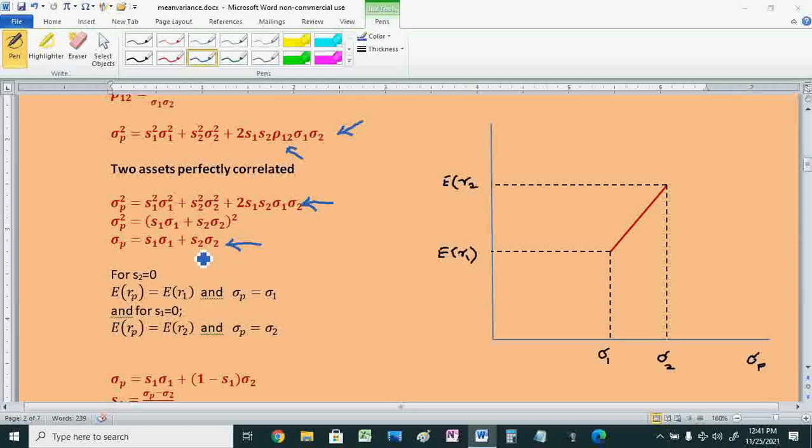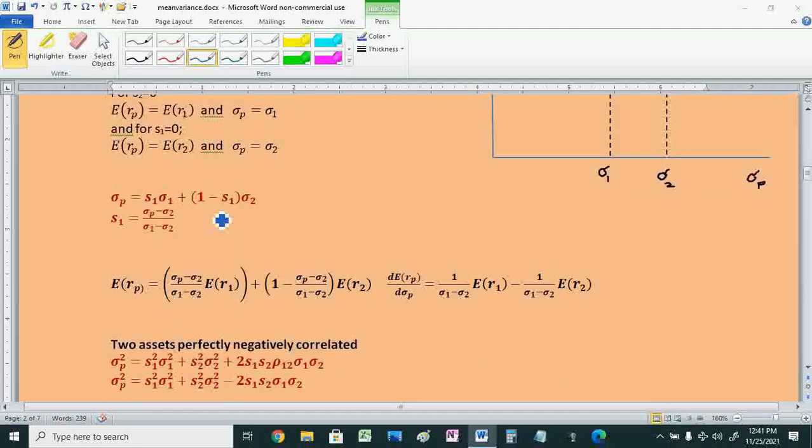In the next step I have solved the variance formula, the standard deviation rather, for S1. So in place of S2, I have put 1 minus S1, and then see that I have solved that equation for standard deviation of portfolio for S1.